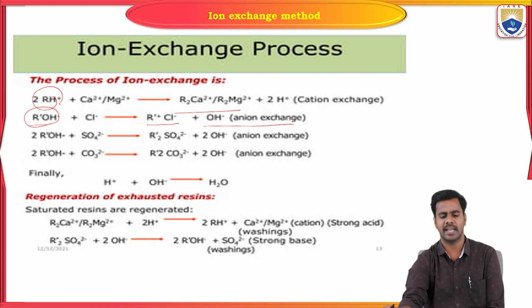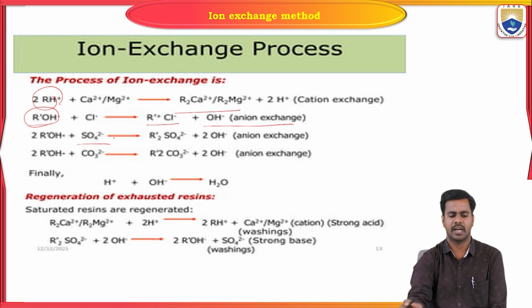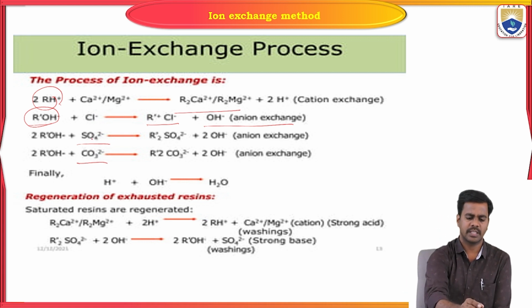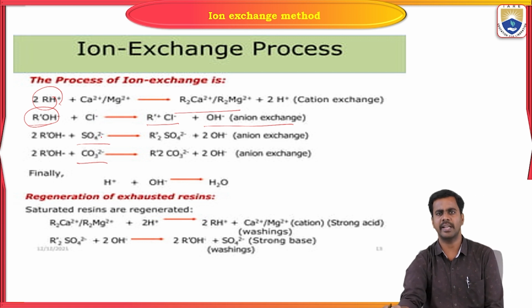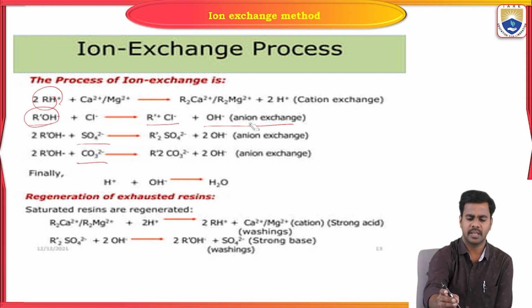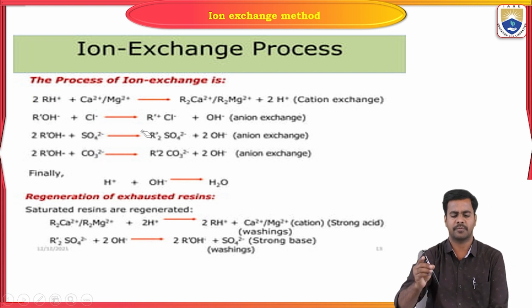Here OH is the anionic exchanger. Similarly SO4 minus 2 and CO3 minus 2. So these anions are all removed by anionic exchangers. This process continues for a few hours.